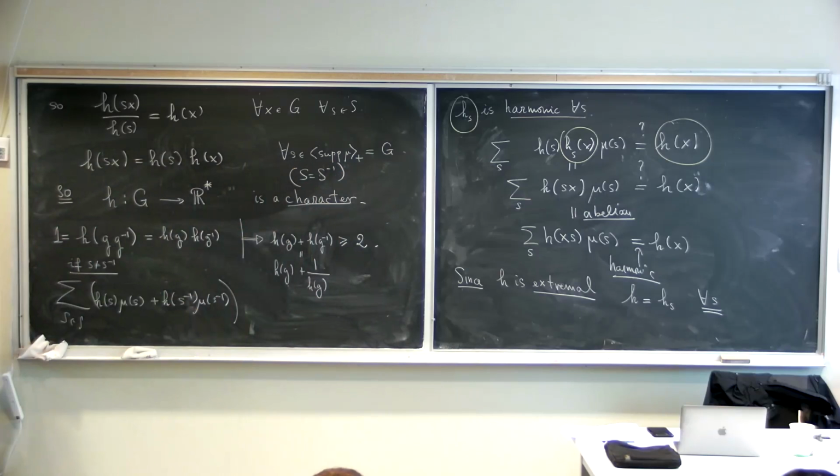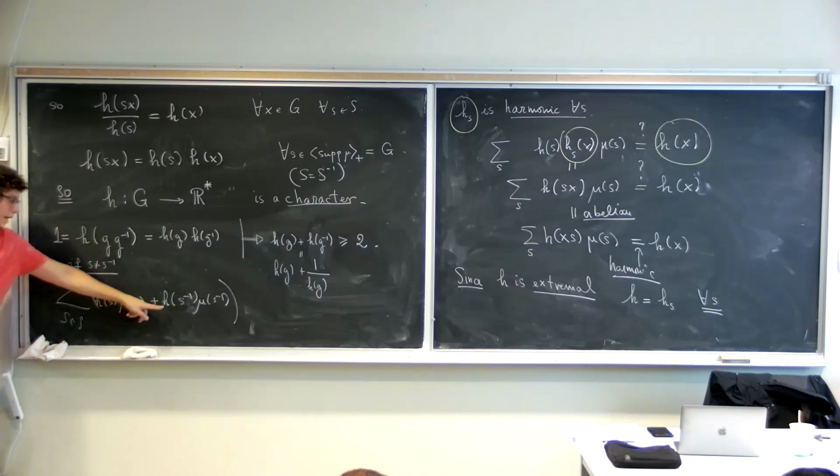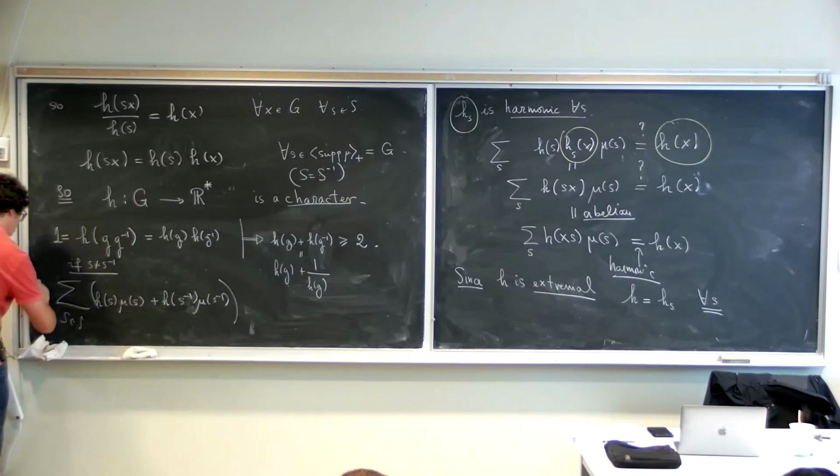So what is this? The first term, the sum of H(S) mu(S), is, since H is a harmonic function, H of the identity. And H of identity is 1. On the other hand, this one is the same, so this is 2.